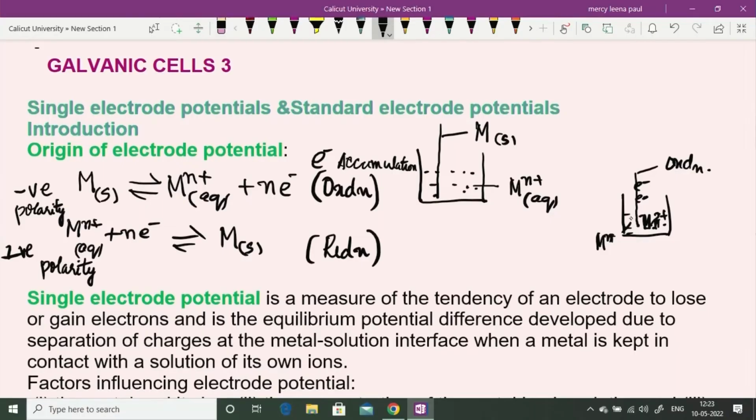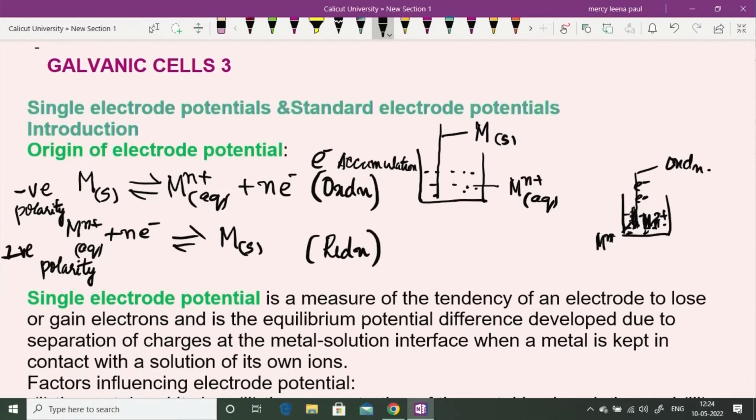Naturally, there will be an attraction, and there will be a crowding of positive ions over here, and an interface will be developed between the metal electrode and the solution. You can say that is an electrical double layer, because the metal part is negatively charged and positive ions are crowding near it. The electrical double layer developed will produce a potential.